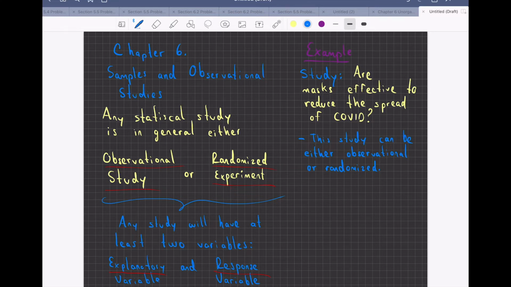But for any study where we want to test whether masks are effective or not to reduce the spread of COVID, if you check on the internet, in real life we have both kinds of studies, observational and randomized experiments. So this study can be either observational or randomized. Now, explanatory variable.